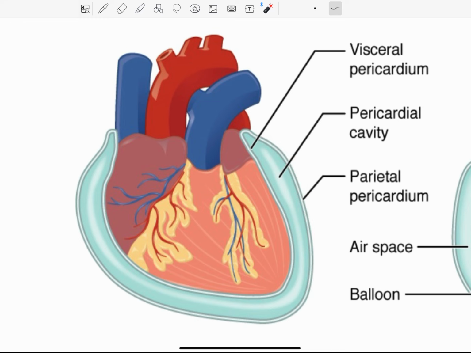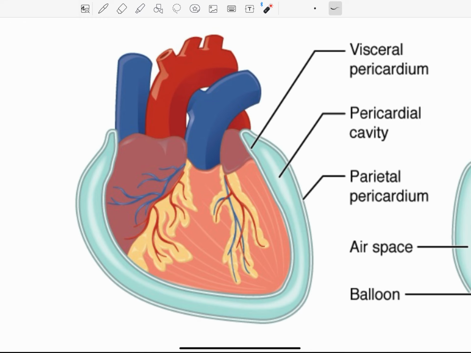And then we have the visceral layer. Now, the visceral layer is the layer that sits right on top of the heart. Now, this visceral layer has a second name, that often it's also known as the epicardium. So we have the parietal pericardium, we have the visceral pericardium, and the visceral pericardium can also be known as the epicardium.